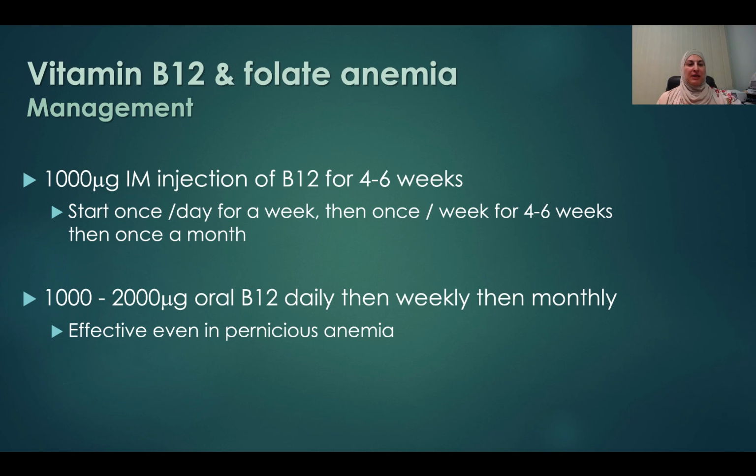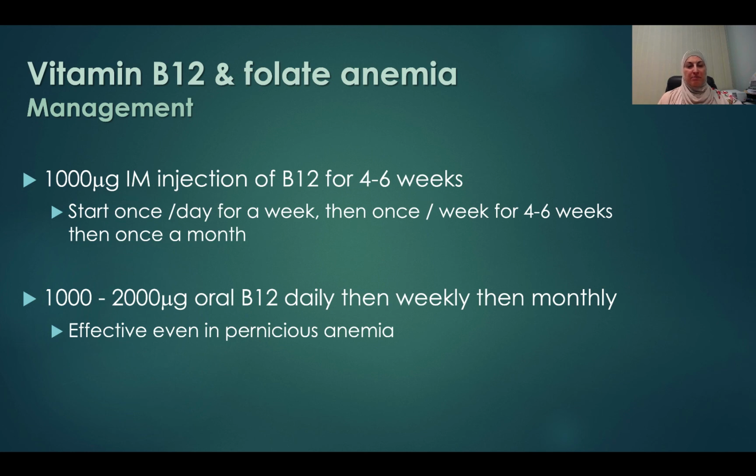Management: if the patient had a problem in absorption, as in case of pernicious anemia, the patient should take injections. Usually they are prescribed 1000 microgram taken daily for a week, and then one injection every week, and then every month.